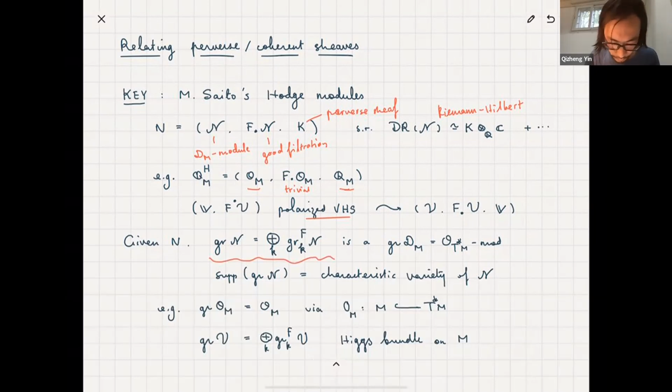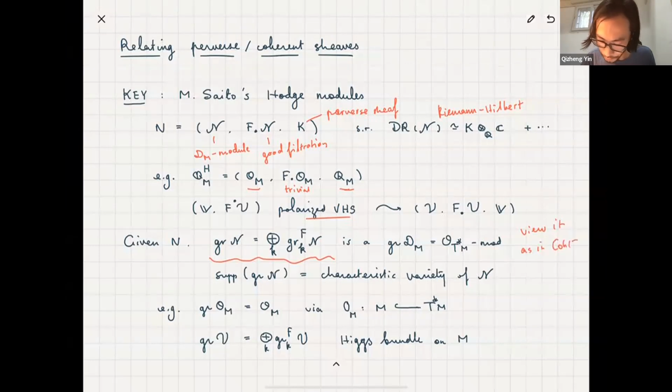So you just take all the associated graded pieces and you put them together, and then this will be a graded piece of the D module. So the graded piece of D will be just O of T*M, and you naturally get an O of T* module. So you can view it as in the cotangent bundle of M.